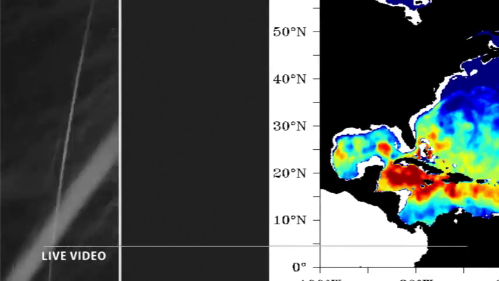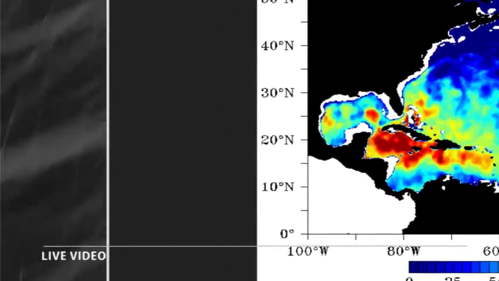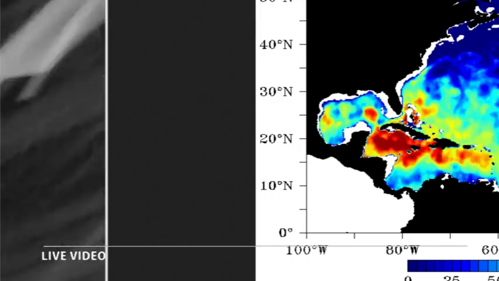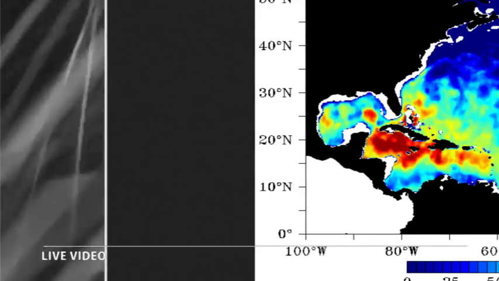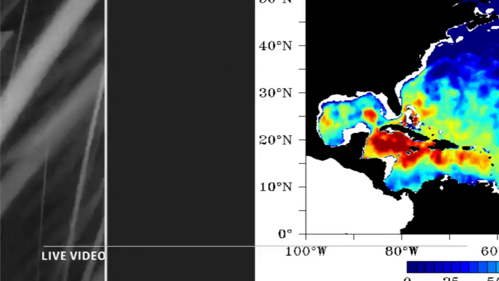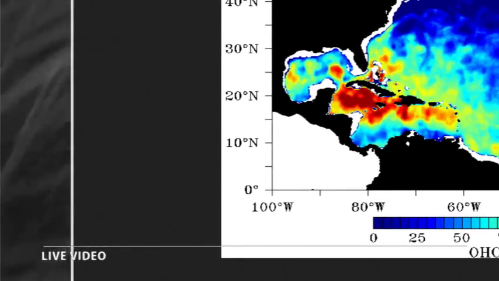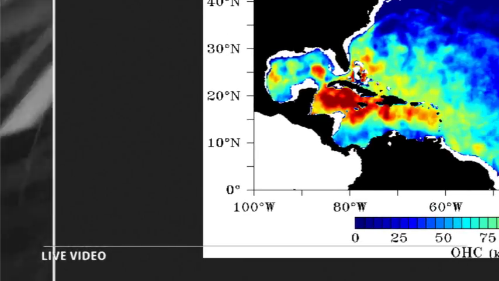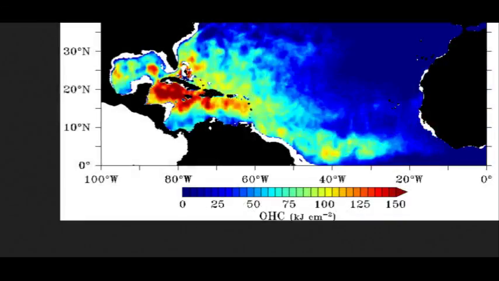And for a storm like this moving 15 knots at a pretty good clip, we only need about 80 to 90 kilojoules per square centimeter, which is going to be in this range right there. And you can see we've got much more than that. We've got anywhere from 75 up to about 110, 120.